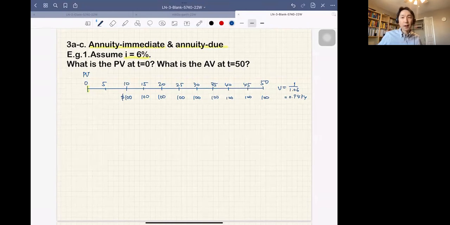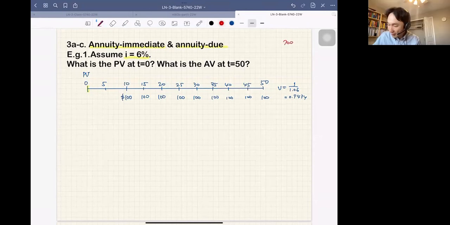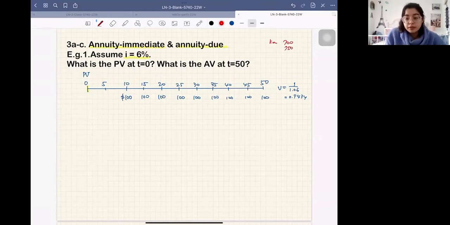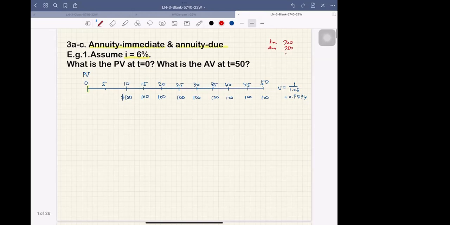What is the present value? 700. Others? 750. Any others? Maybe two more. 720.